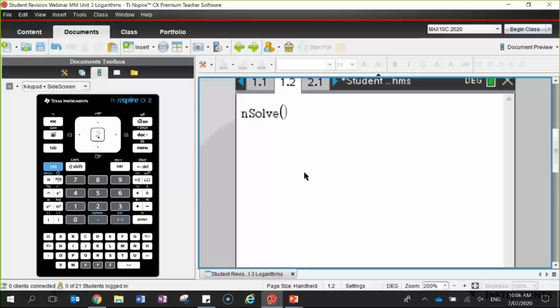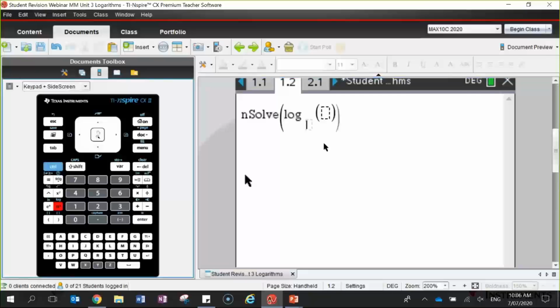What you need to do starts with NSolve, and we need to put in the equation that we had. Our equation was log base 4. The other good thing with this calculator, and this is going to be really important for the next question, is that we have the ability to work with logs of any base.